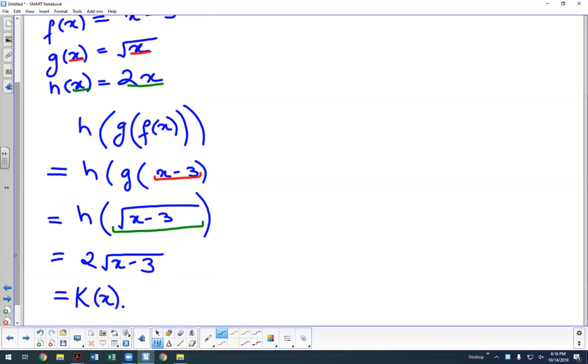Now, as I was telling you, if we didn't set the composition correctly, let's say we went in the order of f of g of h, that means h is the innermost function right now.